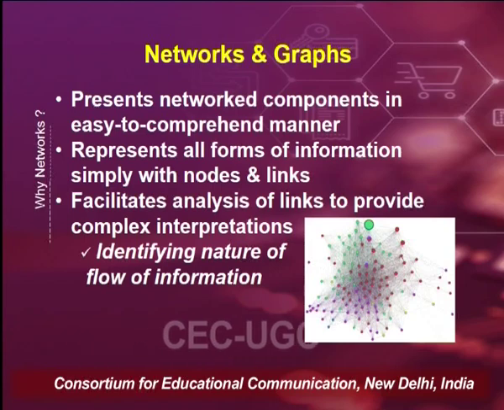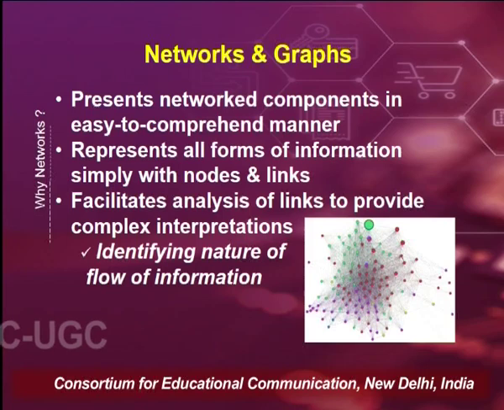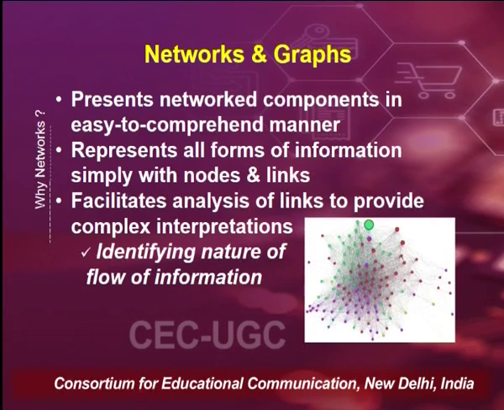They also represent all forms of information simply with the help of nodes, that is the profiles or objects, and the edges connecting them, that is the links. So this facilitates the analysis of connectivity in the form of the flow of information and the topology of the network. So there are different applications of this.